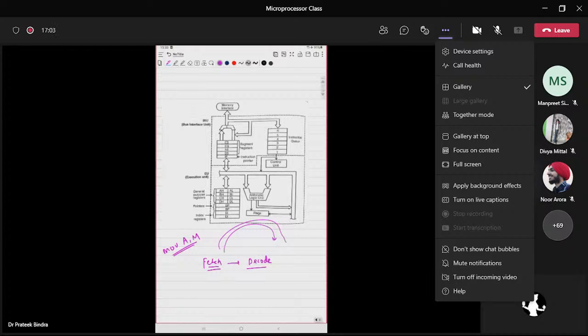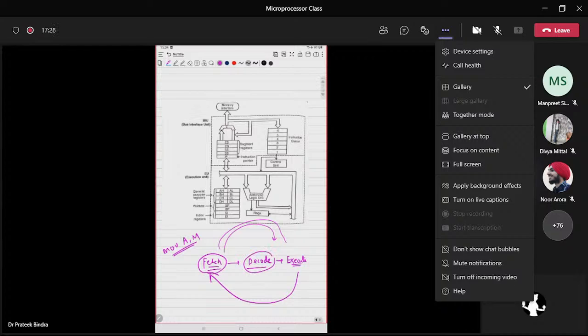So the decoder circuit you already know, right? So that was the second process, and then it will execute. Execute basically means it will perform some operation, right? So in this particular case, you want to move the data from one memory location to another memory location. Then this step will perform, and then it again goes to the next instruction, and it will again fetch the next instruction.